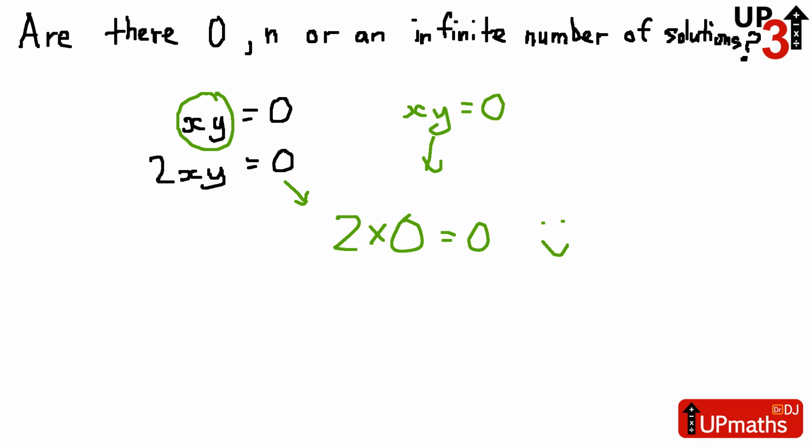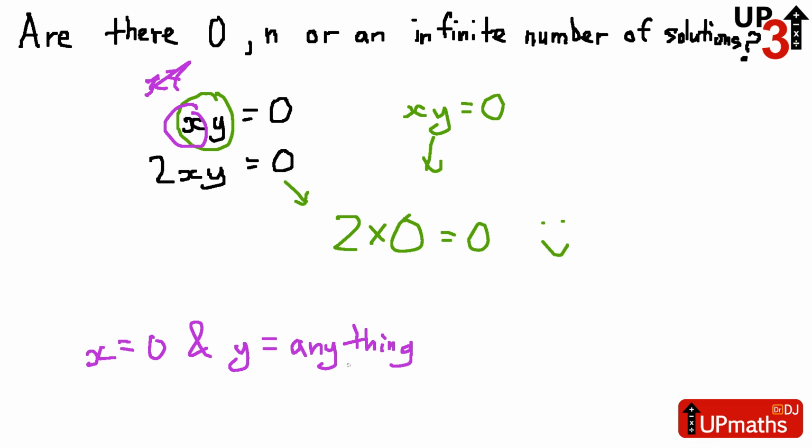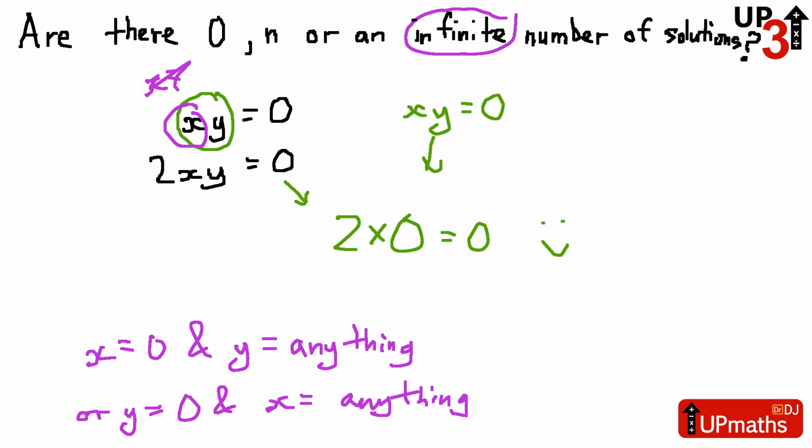Maybe there's another way of doing this, but I'm just going to logic it out. X could be 0, so let's write this down. X equals 0 and y equals anything, because y could be anything at that point. Or y equals 0 and x equals anything. So I'm going to call that an infinite number of solutions. But we're dealing with infinity, which is a bit awkward, but let's call it infinite.